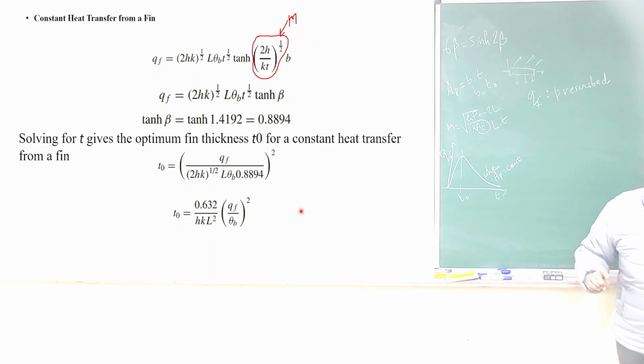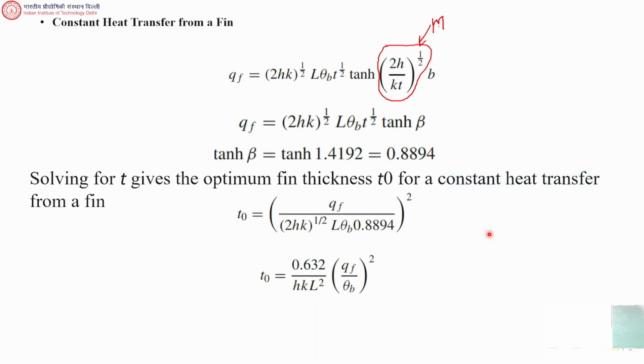So I'm saying that once you have QF, you can actually get the optimum dimensions using the theory that we have already learned. That theory tells us that beta is 1.4192.